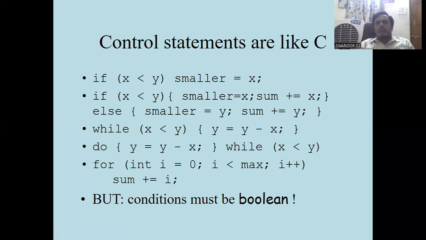There are many statements like if statement, if else statement, if else if statement, while, do while, for. These all belong to the control statements. What is the basic idea of a control statement? Simply to control the flow of execution of a program.